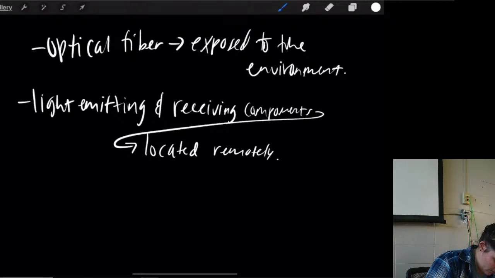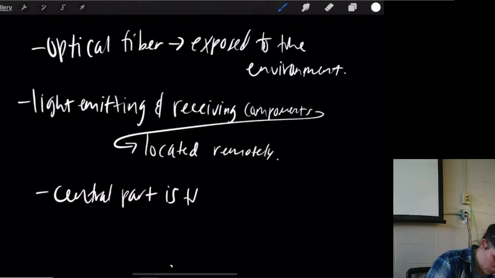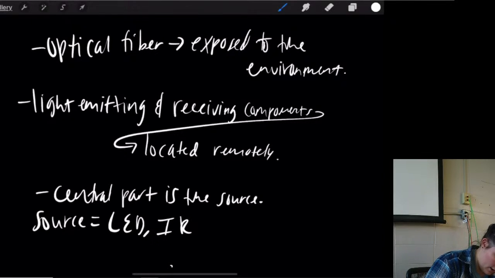The central part of the transmitter is its source. The source consists of a LED, an infrared emitting diode, or laser diode that changes electrical signals into light signals. So, central part is the source. Source equals either an LED, an IRED, which stands for infrared emitting diode, okay?